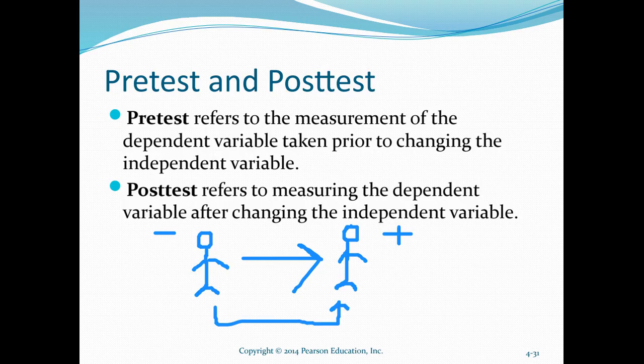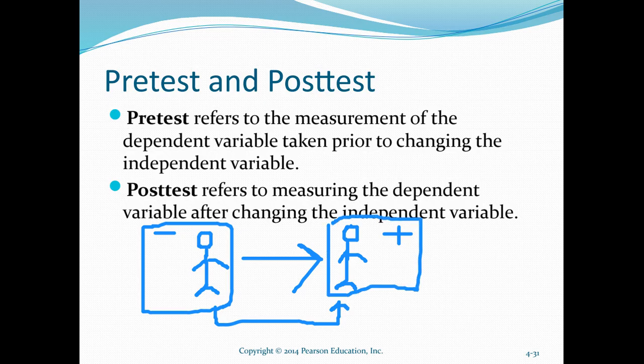Another thing which we can do is called a post-test. A post-test refers to measuring the dependent variable after changing the independent variable. Okay, so this is stage one. You can study at stage one, and then you can study at stage two, and then you can understand if there was a change that has happened or not.